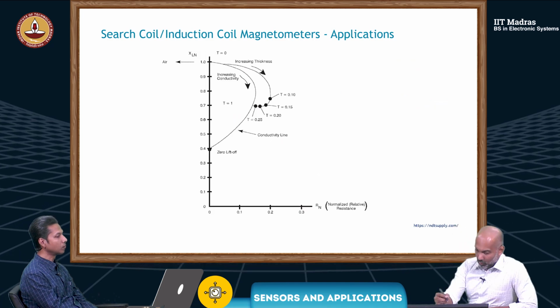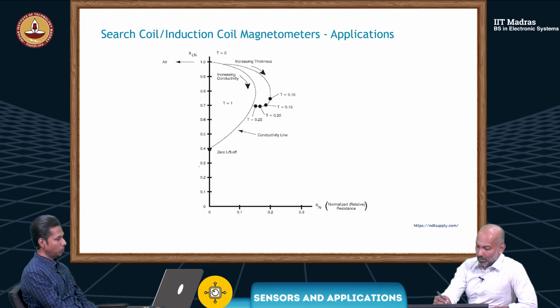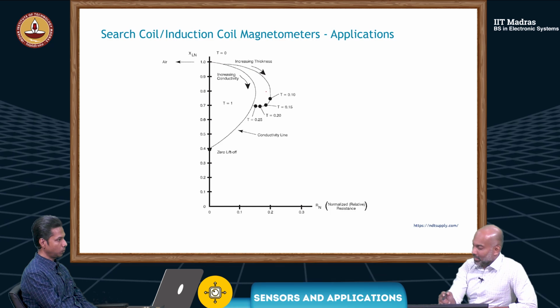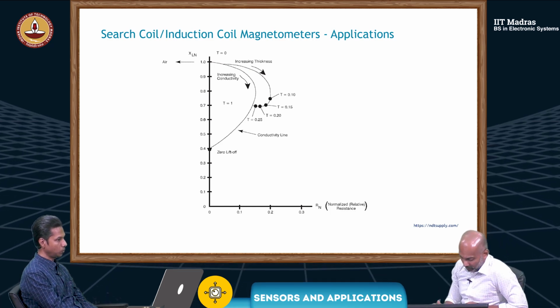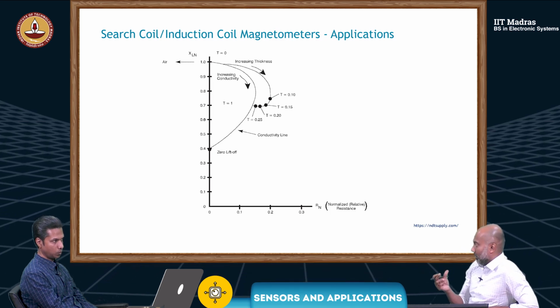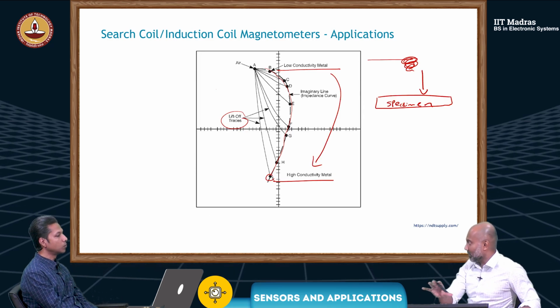So here we saw this curve before, increasing conductivity. But see what increasing thickness of the material does to the curve. In the previous example, we assumed the thickness is the same.